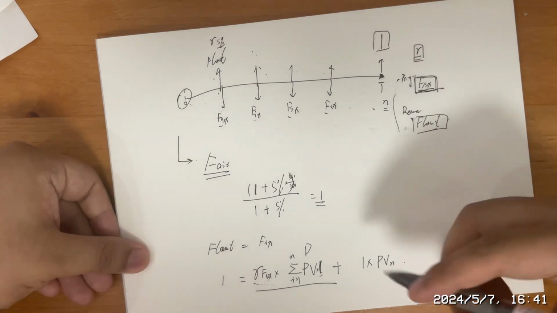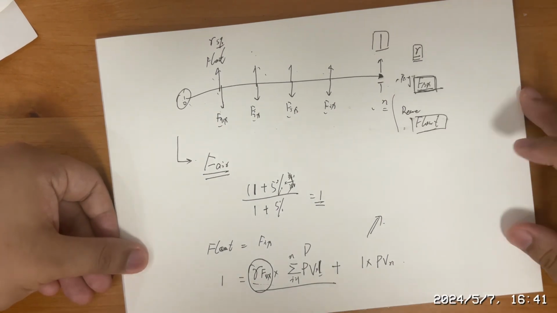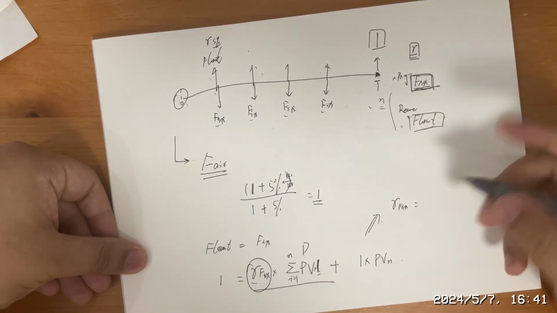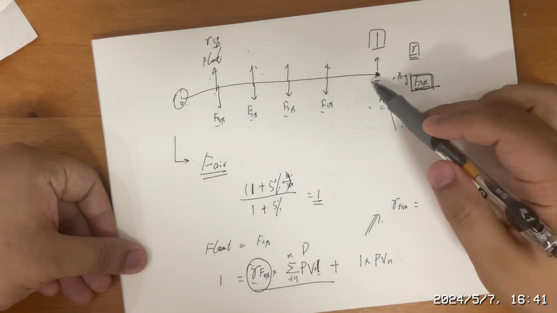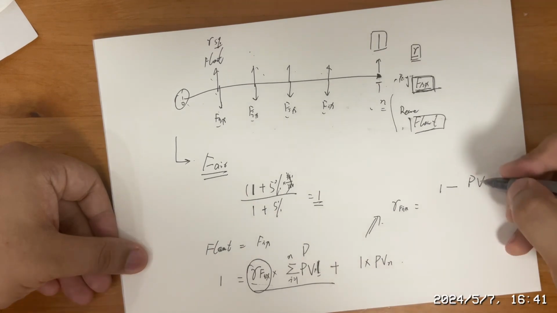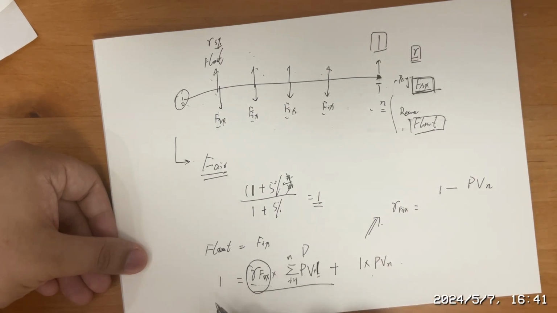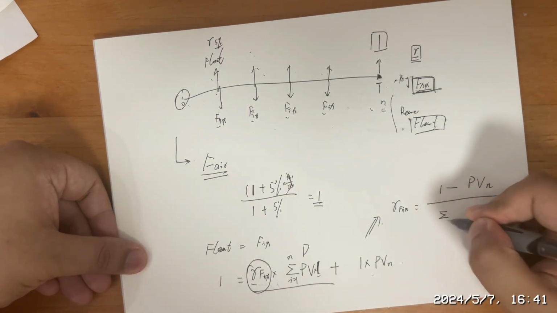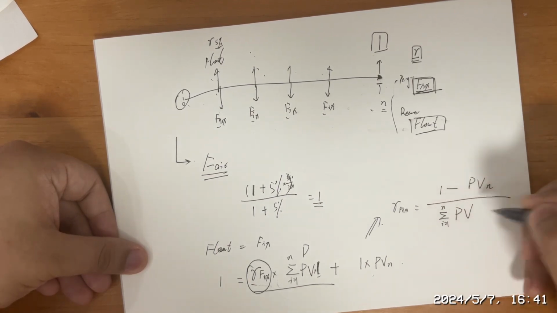In terms of pricing, you have to get the fixed rate in order to get this swap transaction. The fixed rate R will be 1 minus the present value factor of the last period's principal, and you subtract it and divide by the summation, i from 1 all the way to n, of the present value factors.